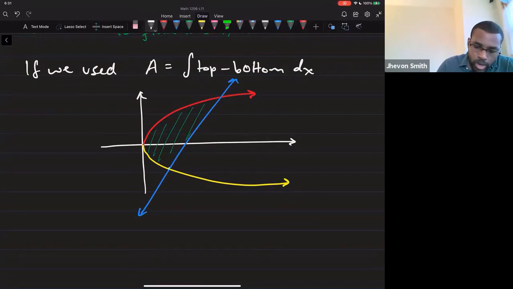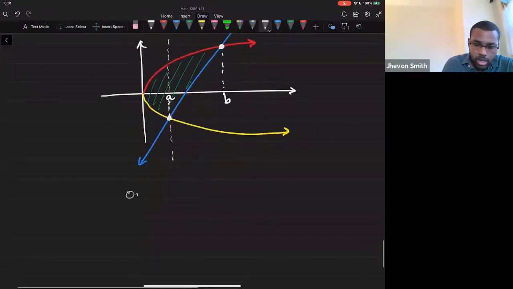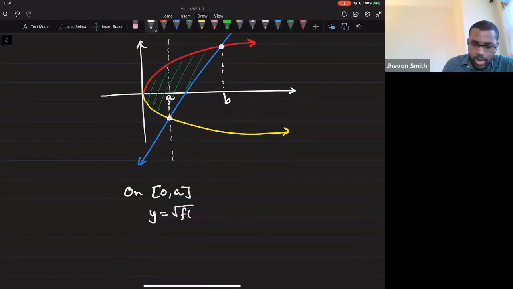There's going to come a point where at point A and B, your top changes, right? You'll notice that on 0 to A, y equals the positive radical of f of x is on top, and y equals the negative radical of f of x is the bottom.